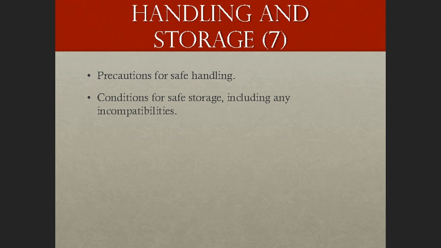So these are types of examples that you could possibly look out for in the workplace. So every chemical needs to be stored in an appropriate way, and it needs to be handled in an appropriate way to prevent any kind of fire hazard or explosion hazard or any other type of hazard.